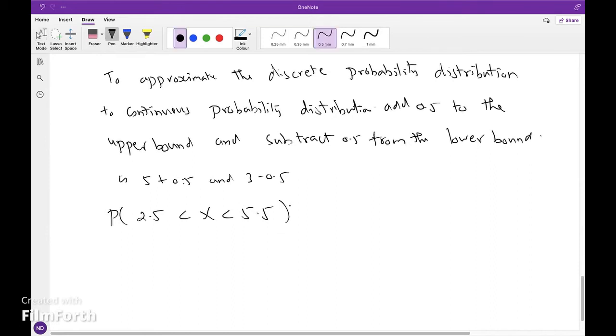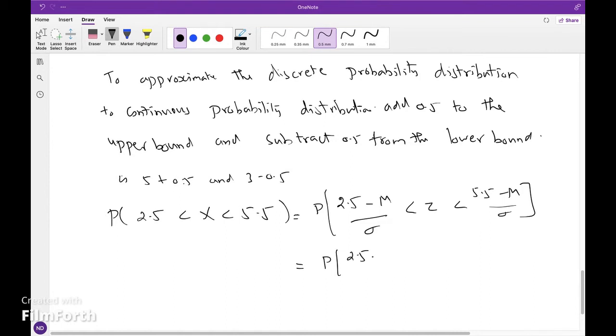So that is equal to P of (2.5 minus mu) by sigma less than or equal to Z, which is less than or equal to (5.5 minus mu) by sigma. That is equal to P of (2.5 minus 5) by 1.58 less than Z less than (5.5 minus 5) by 1.58, where sigma is the square root of 2.5, which is 1.58.